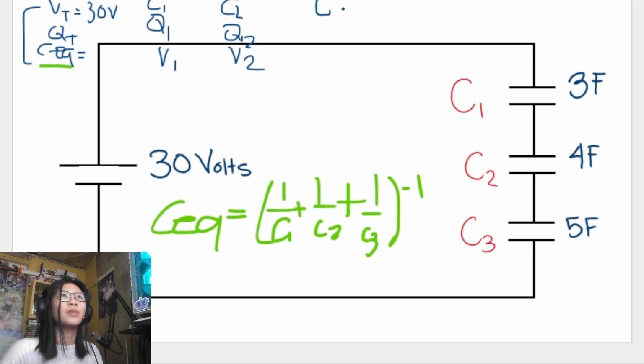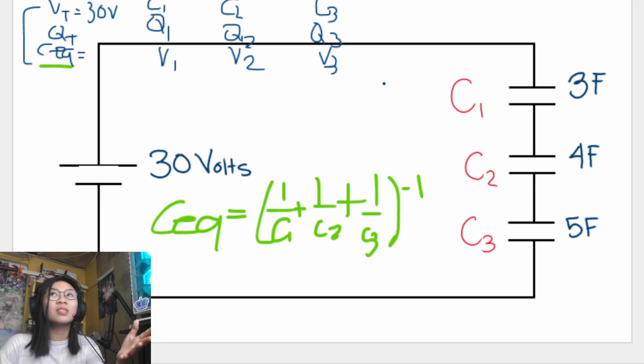And then we have C3, Q3, and V3. So this is actually optional, but I just do this para dili ko maglibog. Mahimo siyang checklist nako. Na kung kinsa na lang ang kulang, kinsa na lang ang dapat isolve. So, mahimo siyang checklist or a guide for me to know which is the next one.